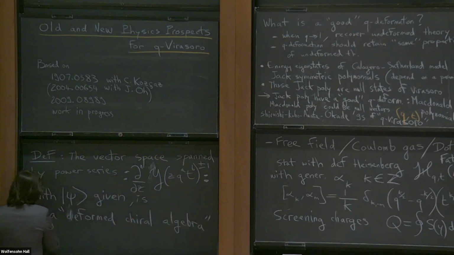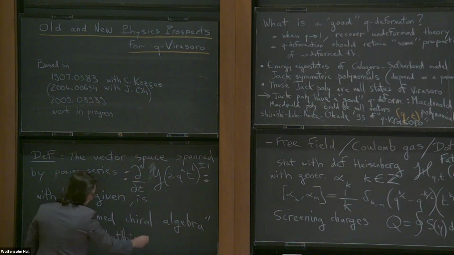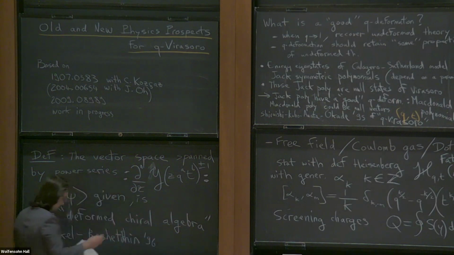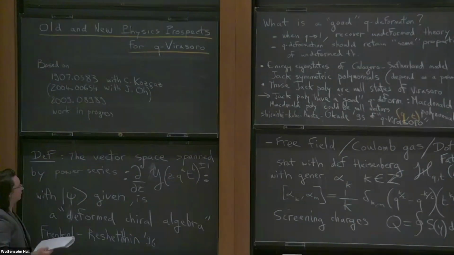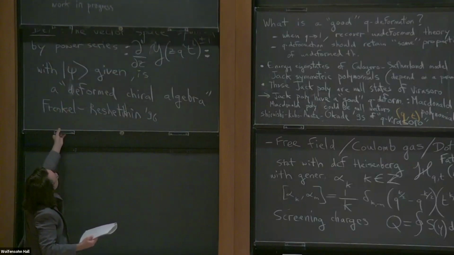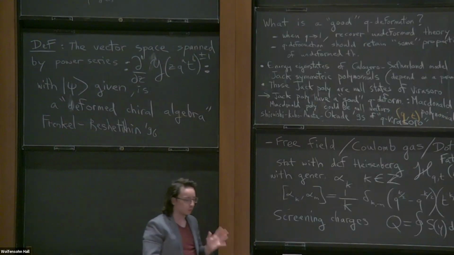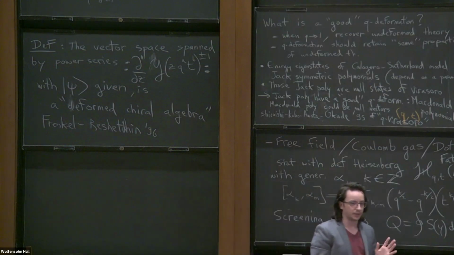And this is from a friend called Reshetikhin. So that's just a definition. A chiral algebra is actually a pretty complicated object.